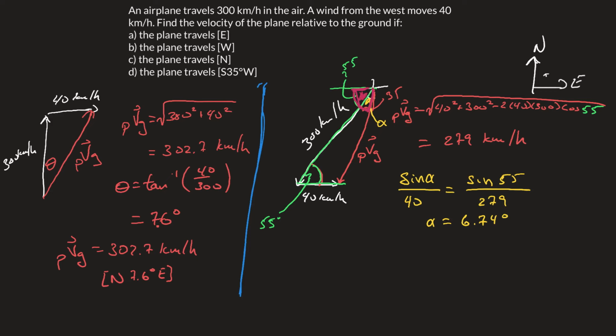So the angle that we actually want, theta, is 55 degrees plus 6.74 degrees. That's going to leave us with an angle theta of 61.74. We're going to just round that up to 62 in our final answer. So we'll say, therefore, the plane's velocity relative to the ground is 297 kilometers per hour west, 62 degrees south.